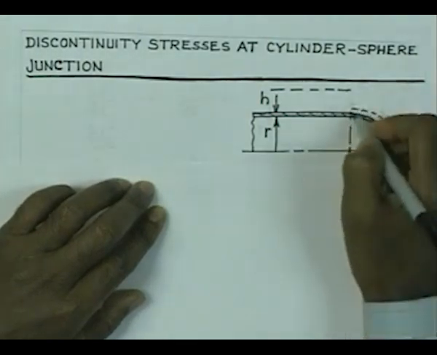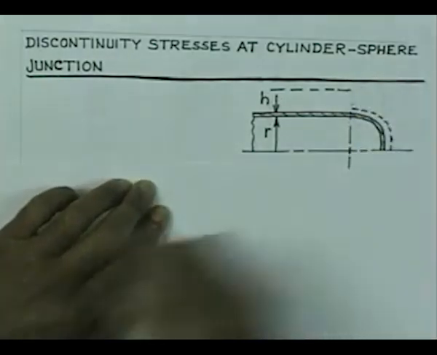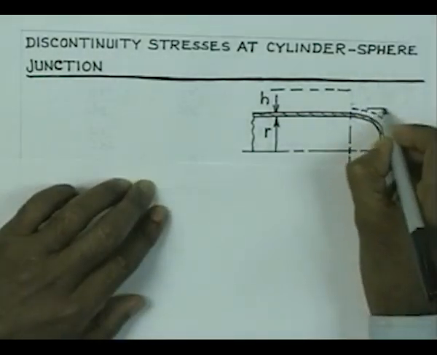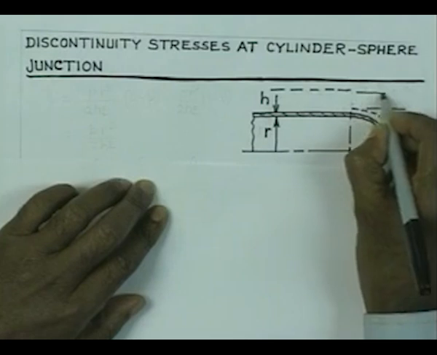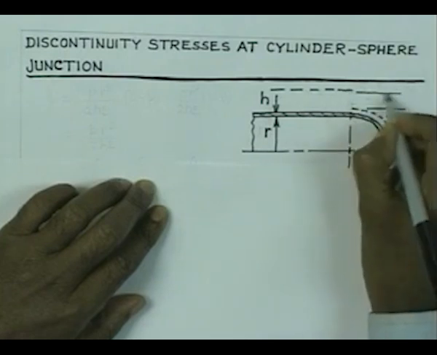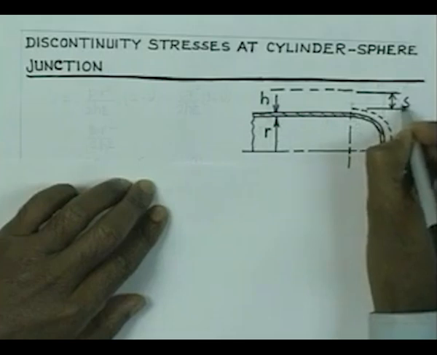So, therefore, there is a differential expansion because of the internal pressure itself, and this differential expansion, let us indicate that, is nothing but delta here. And what is this delta?